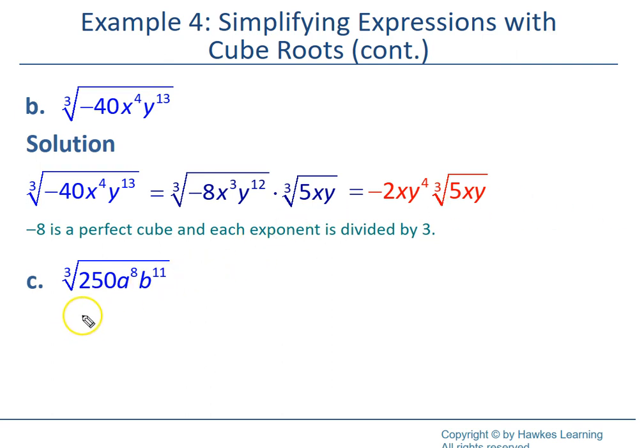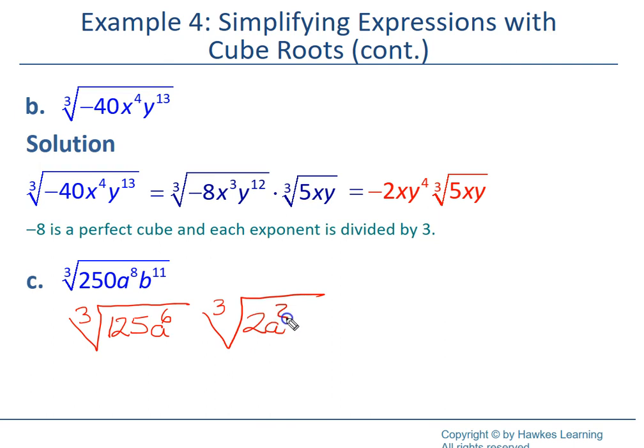Okay. So again, our technique is to divide this into perfect cubes under the first one, and whatever's left over here. There's no more. So I know that if I divide this by 2, I get 125, which is a perfect cube, and then I have a 2 left over. I need multiples of 3, so this is a to the 6th, with a to the 2nd left over, b to the 9th, with b to the 2nd left over.